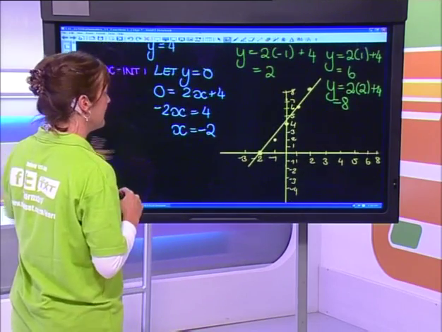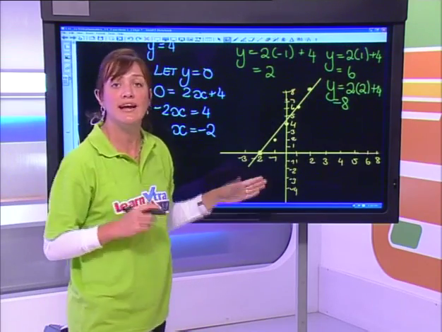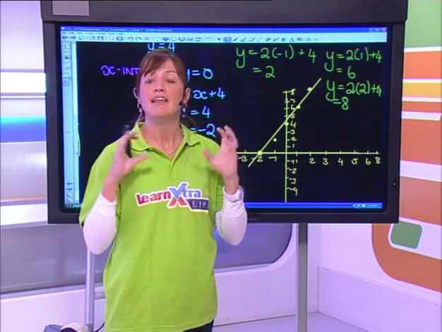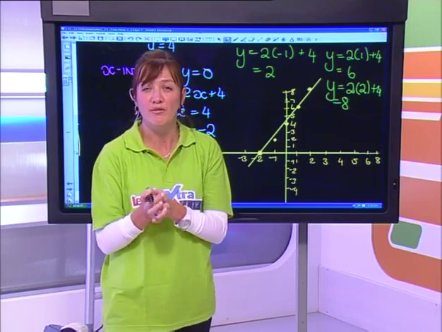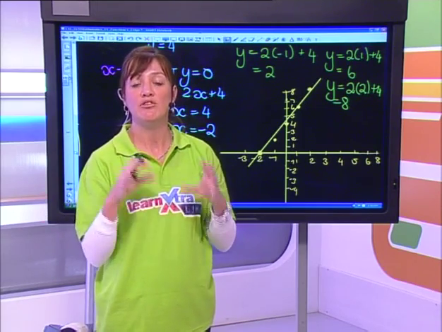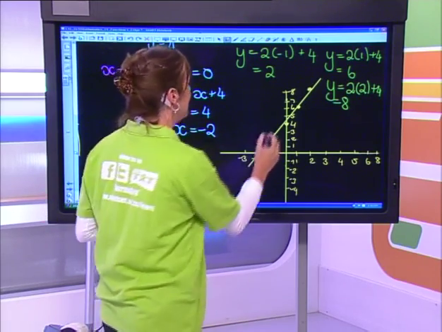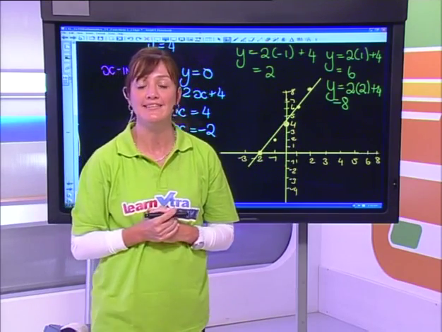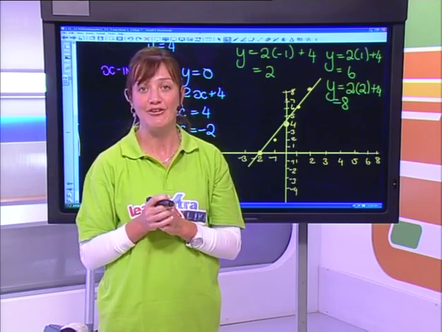Let's check ourselves. Is that a climbing gradient? Yes, it is. So we've got a positive a value, and the q was positive 4. And remember, that was where your line was crossing the y-axis. Now, positive 4, yep, that's exactly where it's crossing your y-axis, so that is your straight line graph.